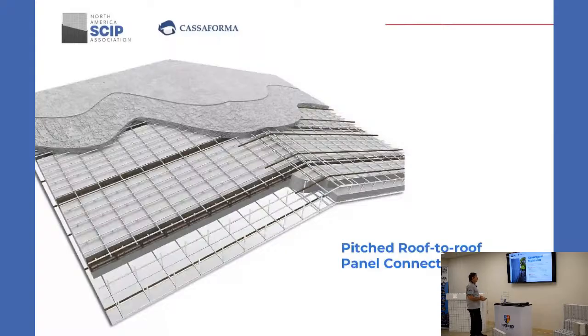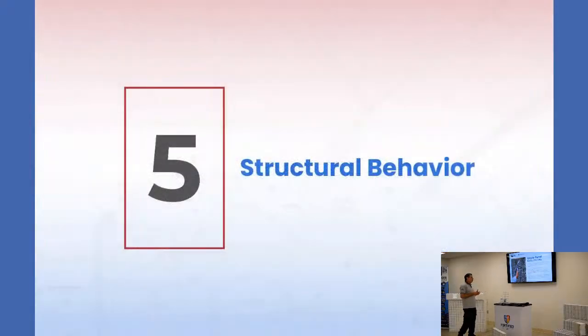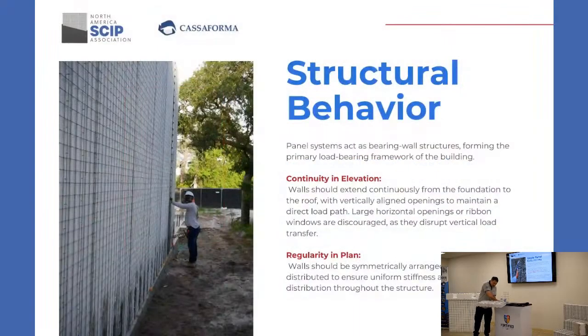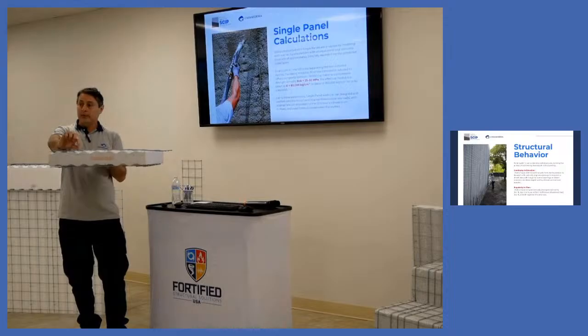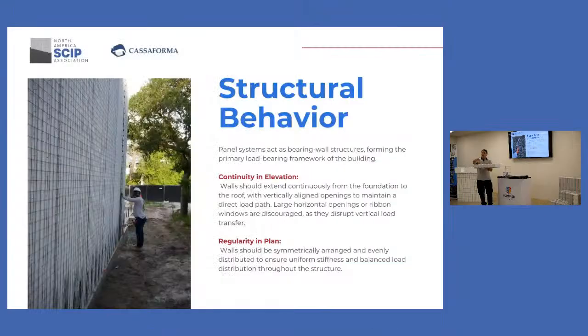Well, structural behavior. Generally speaking, I'll explain a little bit. Remember one other thing: the mortar we are speaking about is usually 1.5 inches. That 1.5 inches is usually 1 inch over the mesh, and the other half inch is considered below the mesh.